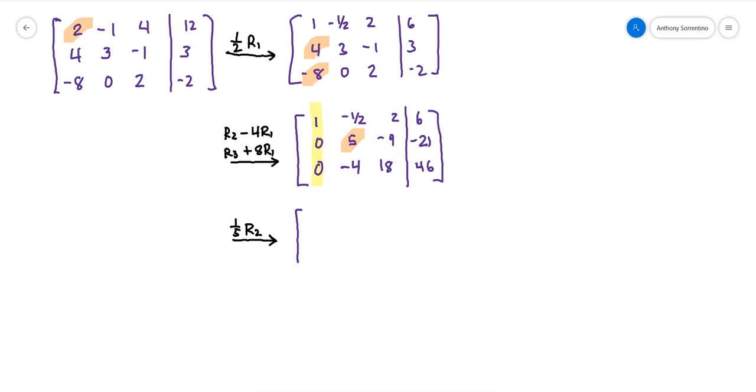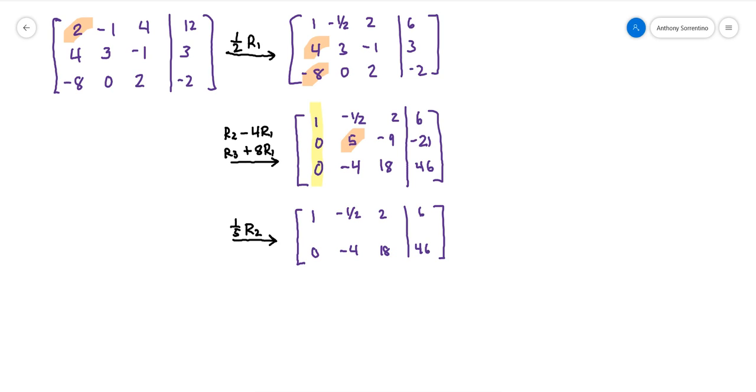Which means when I do this row operation, the current row 1 is going to be left unchanged. The current row 3 is going to be left unchanged. It's just going to be row 2 that gets changed.